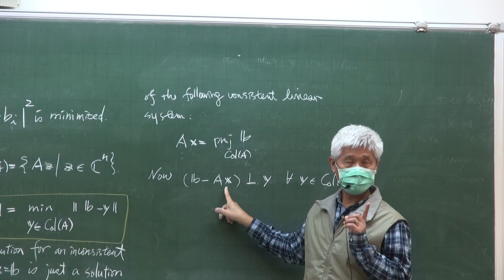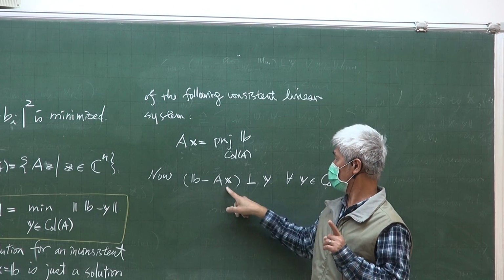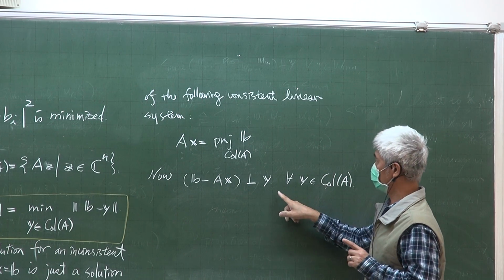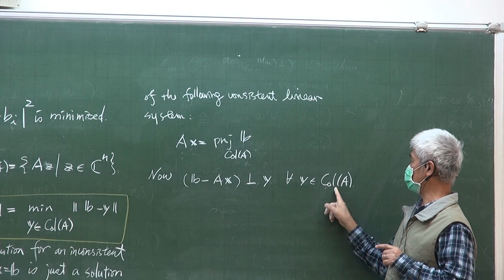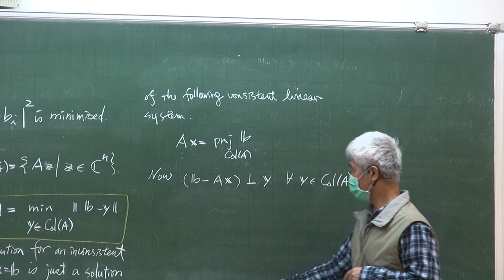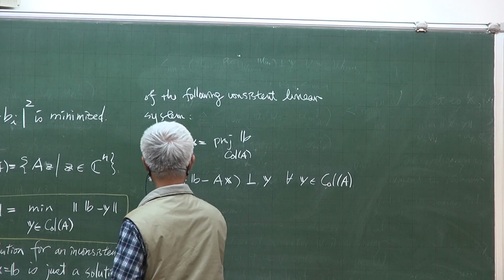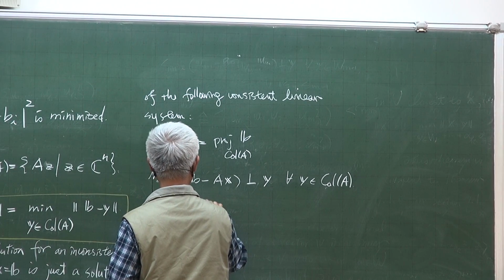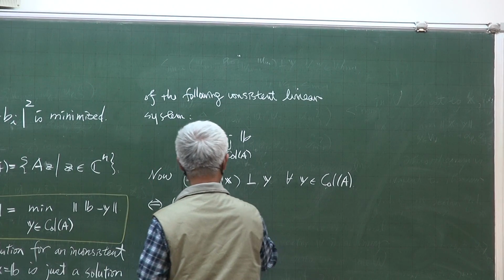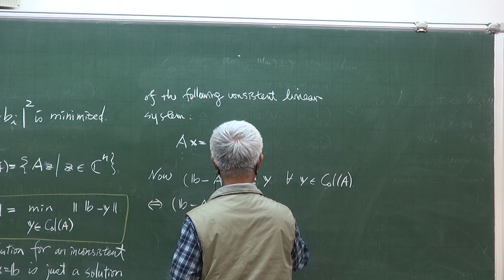So the other condition is that the difference should be orthogonal to every element in the column space of A. But this is equivalent to saying that B minus AX is orthogonal to every column vector.